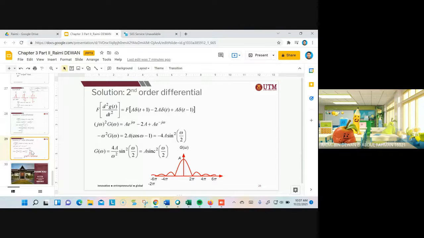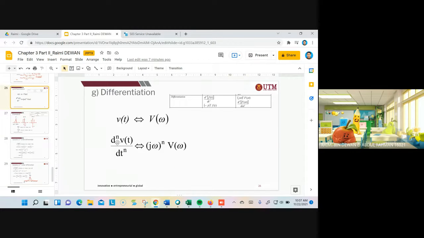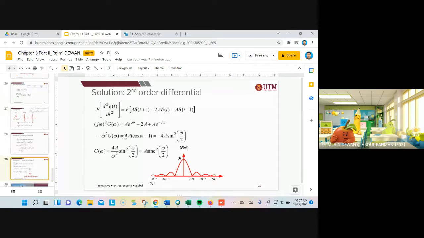Next is the second order differentiation. Second order is the same, but it will give a difference here: d squared v(t)/dt squared gives (j omega) squared. Now it's squared. So j is equal to what?